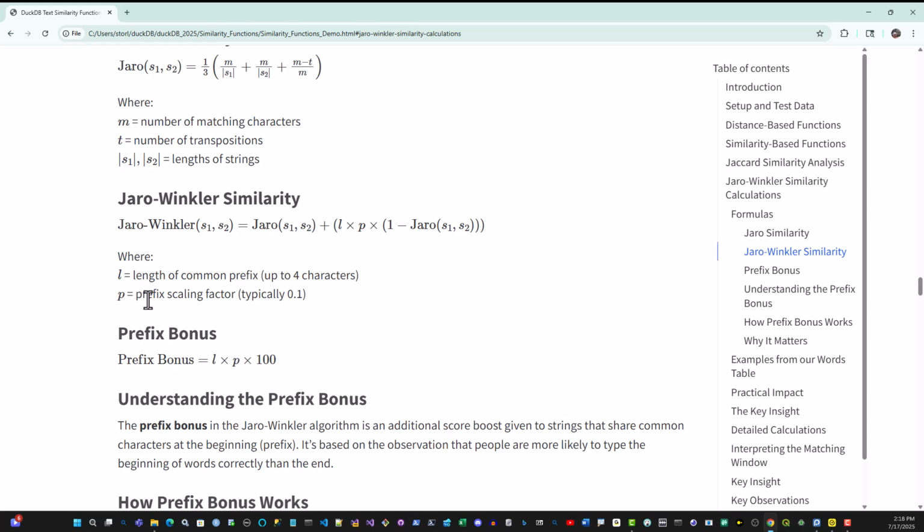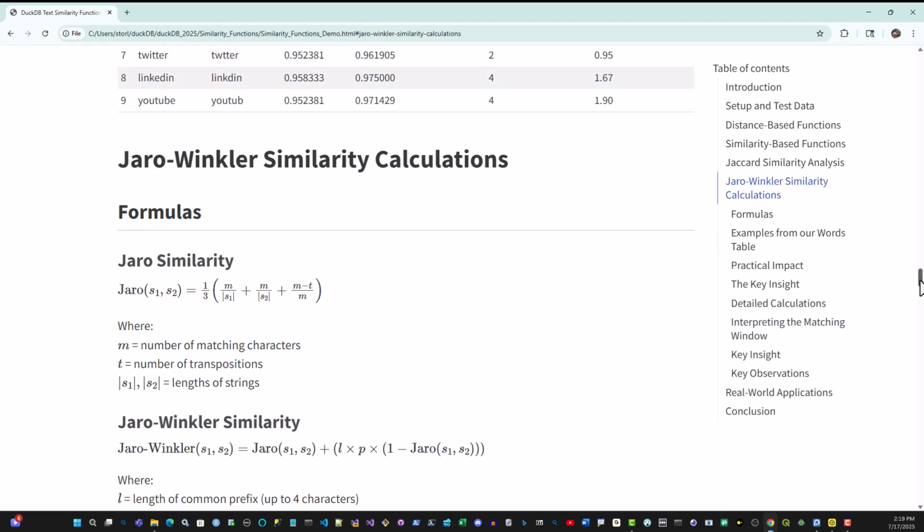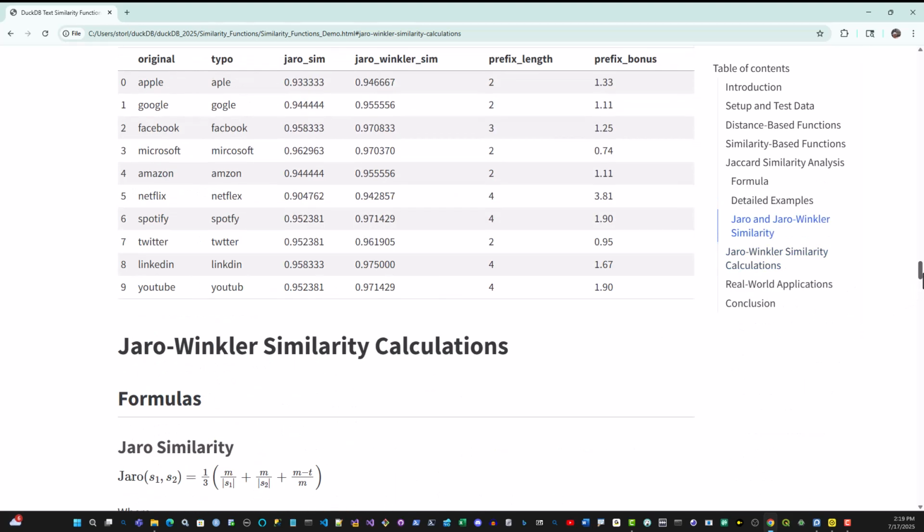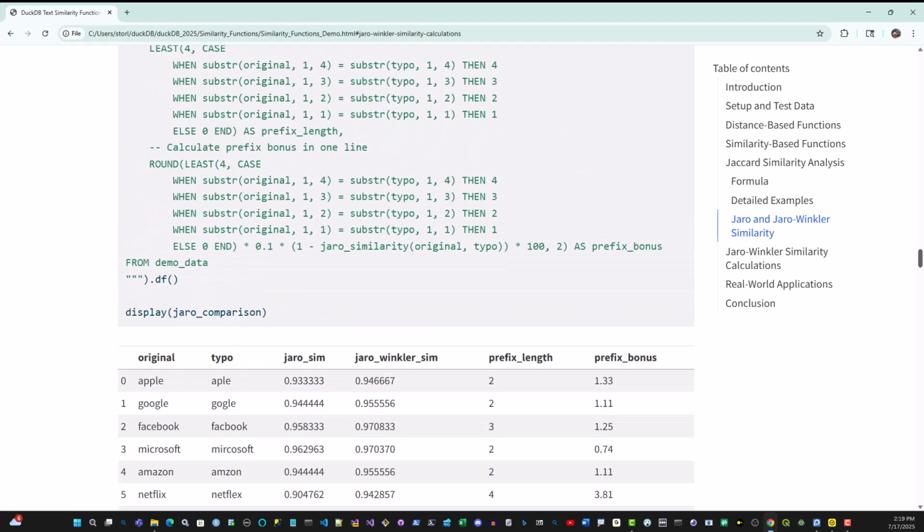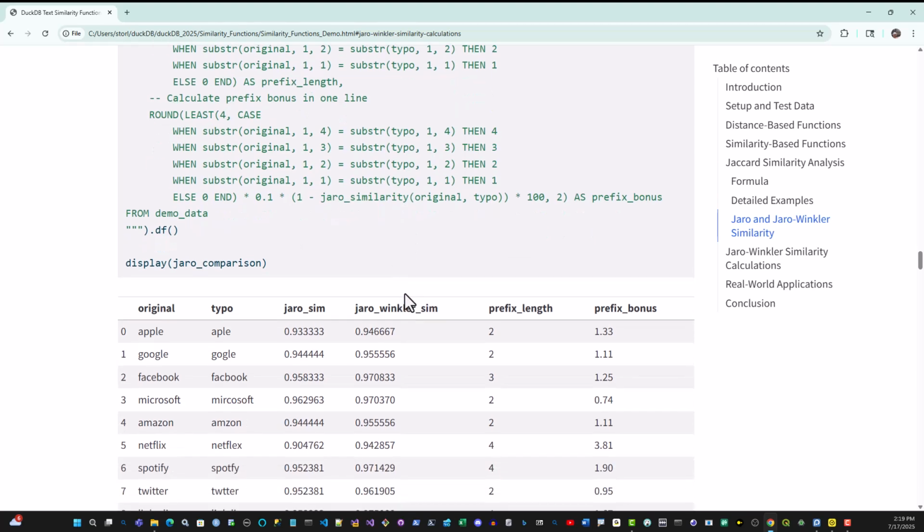And the prefix scaling factor is typically 0.1. So that is a static number here. And if you look up here in my code, you can see I'm using this 0.1 right there. And this one is the Jaro similarity function that I talked about.